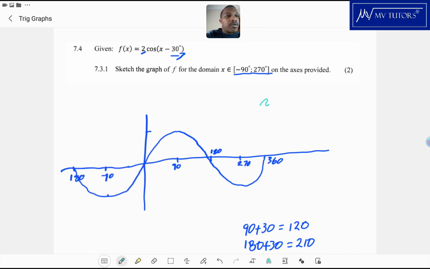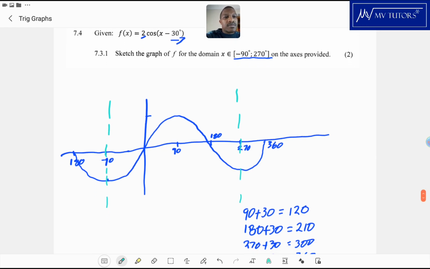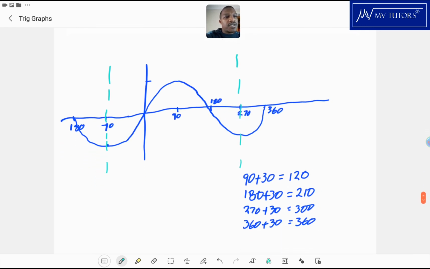They said they want this graph from minus 90, which is there. Maybe I should make it dotted. But don't assume it's an asymptote. It's not. It's just the bounds we've been given. And 270 over there, cutting the graph there. The rest is just shifting.